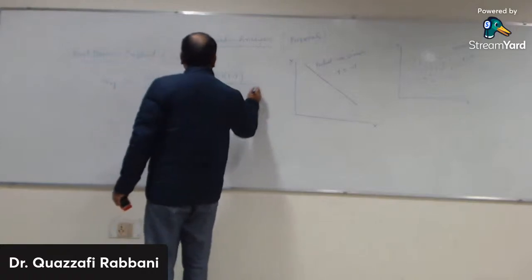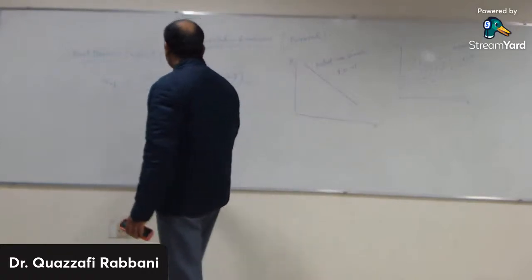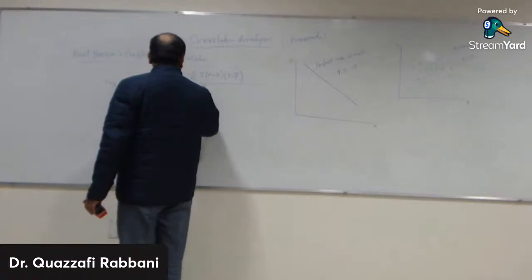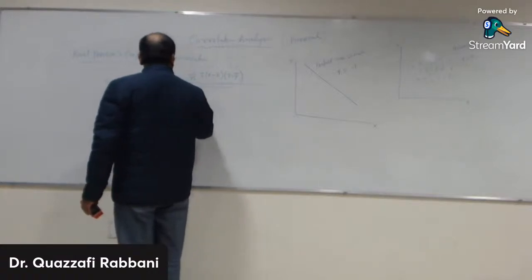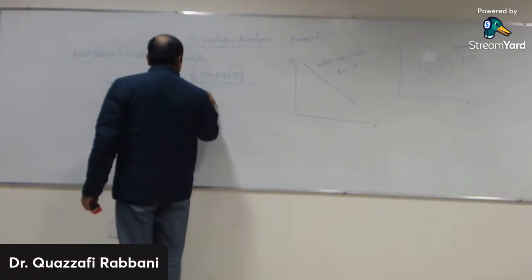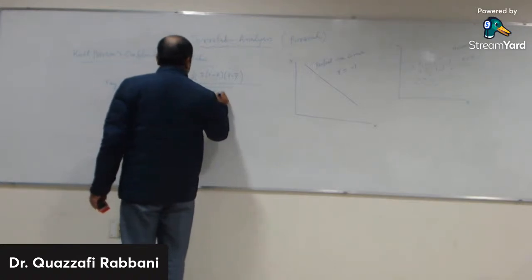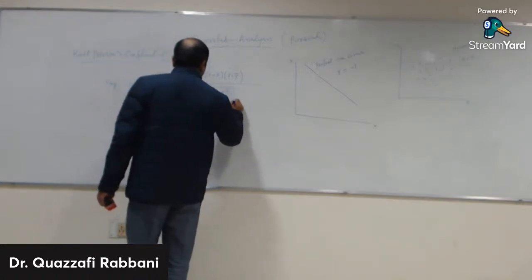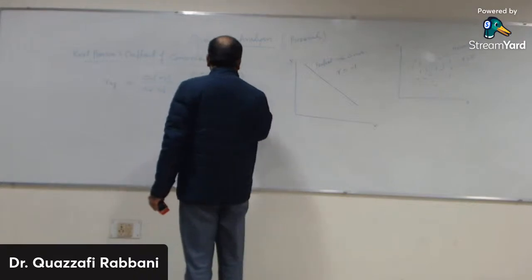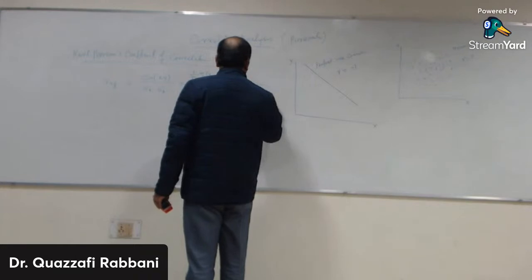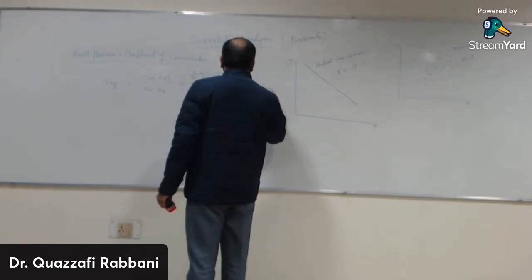In the denominator, the standard deviation of x, as we already know, can be written as under root 1 upon n summation (x minus x bar) whole square, and the standard deviation of y is under root 1 upon n summation (y minus y bar) whole square.